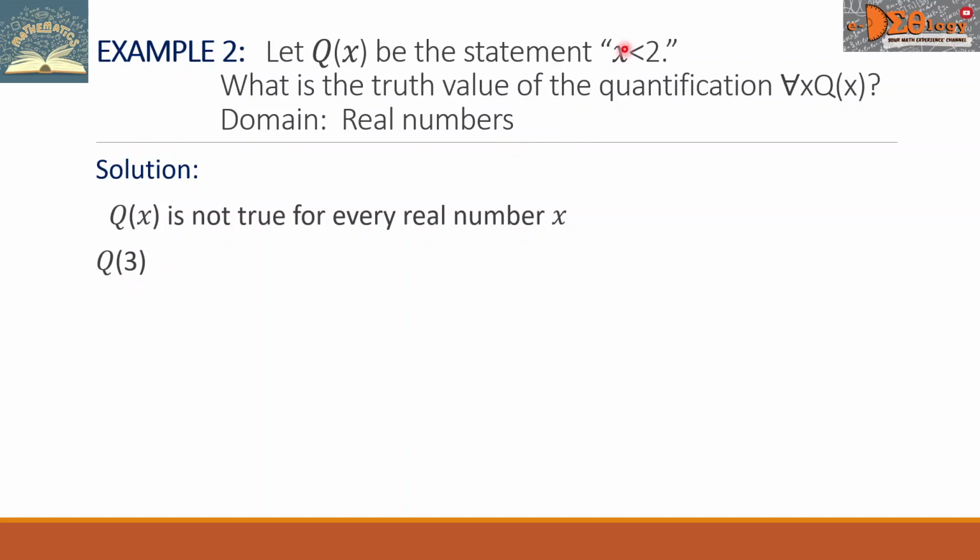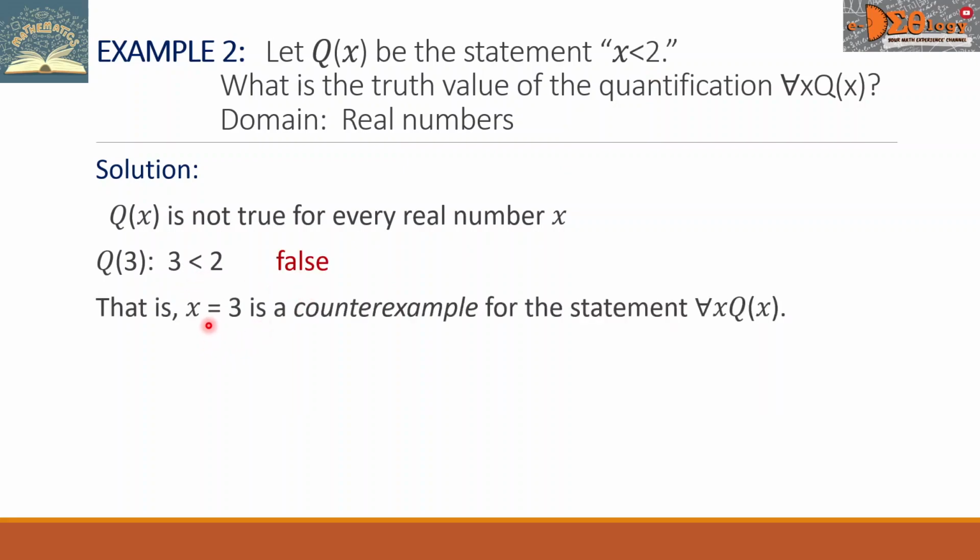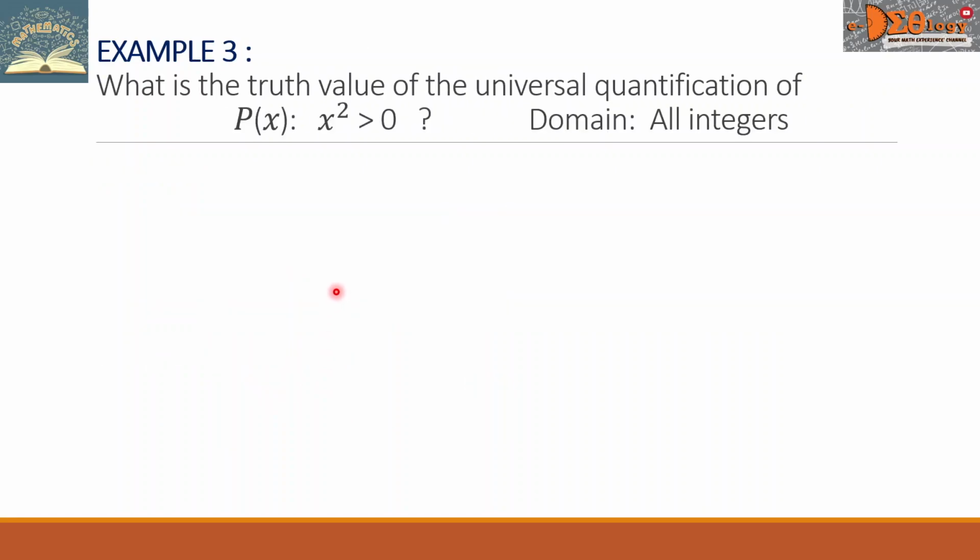Substituting the number 3 to that statement, it becomes 3 is less than 2, which is false. That is, when we set x equal to 3, that is a counterexample for that statement for all x q of x. Thus, for all x q of x is false.